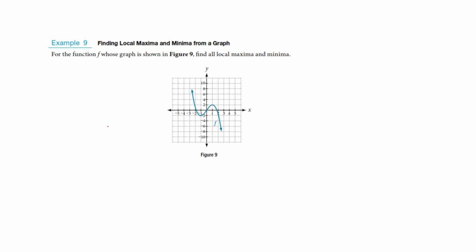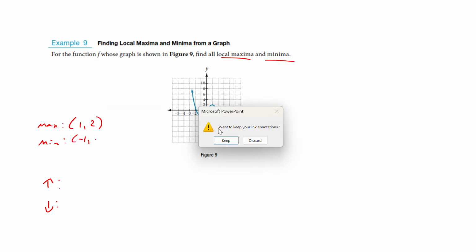So let's jump to this here. This time, here's what I want. We're going to tell where it's increasing, where it's decreasing, and I want the coordinates of the local maximas and the local minimas. So let's start with those. So I have a max atop of a hill at the point 1, 2. I've got a minimum at the point -1, negative, their scale is off here.